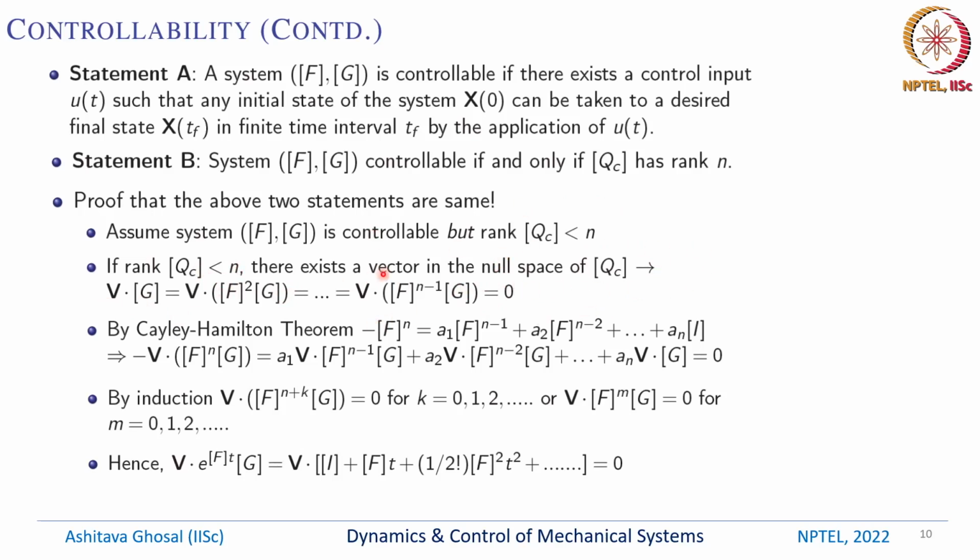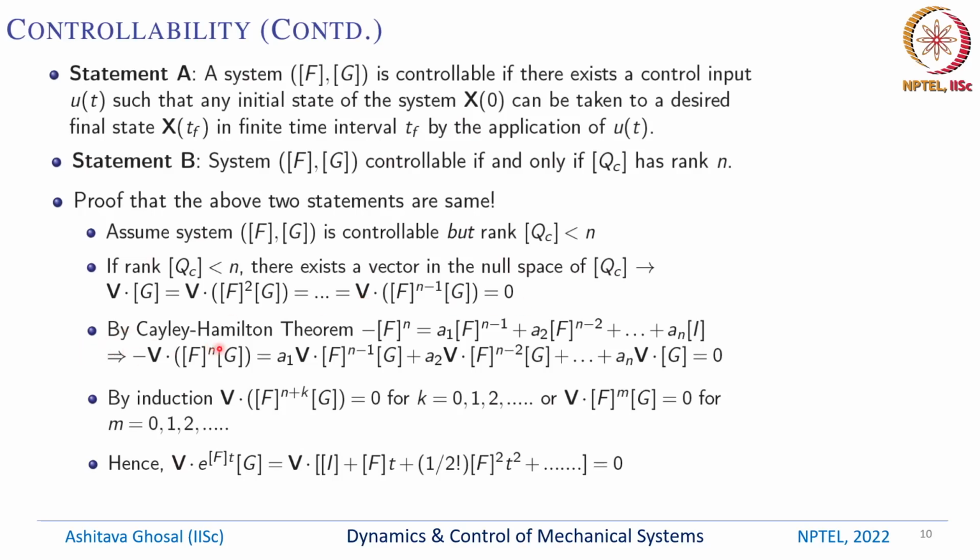So if there is a vector in the null space of QC, then V dot G. Remember, G is a column vector and V is that vector in the null space. So V dot G, then V dot F G, V dot F squared G, and all the way till this should be equal to 0.